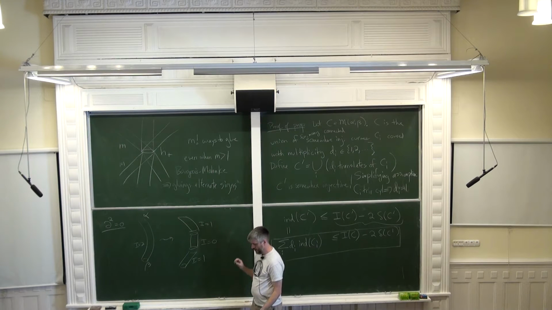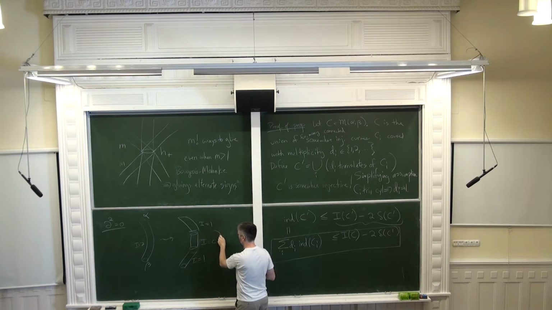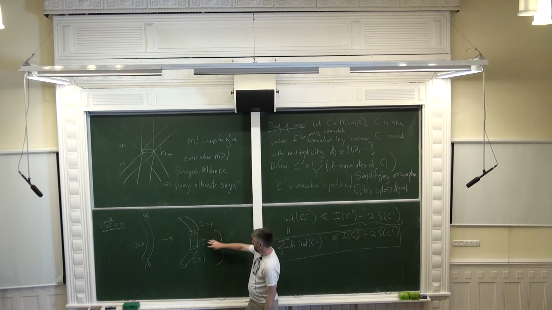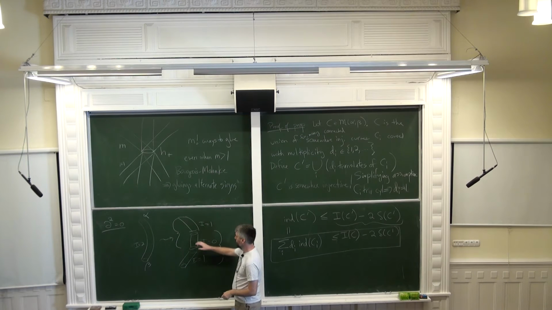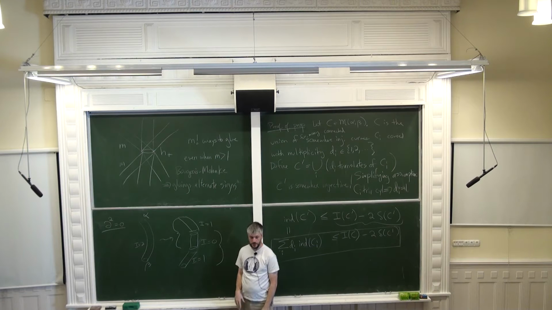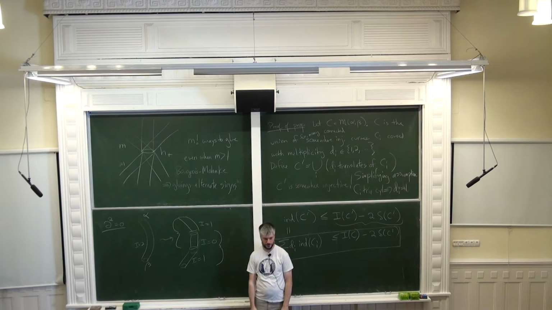So if you've not done an abstract perturbation, then in a situation like this, either this configuration consisting of the I equals 0 thing plus the I equals 1 thing, or this configuration consisting of the I equals 1 thing and the I equals 0 thing, actually needs to make some contribution to the differential in SFT or contact homology or whatever. I can show you specific examples of this.